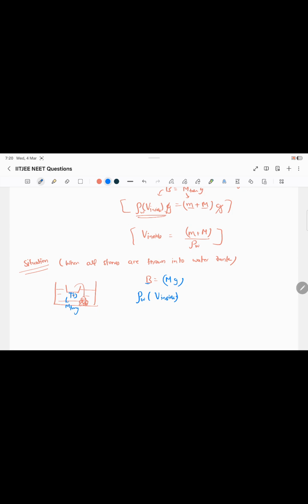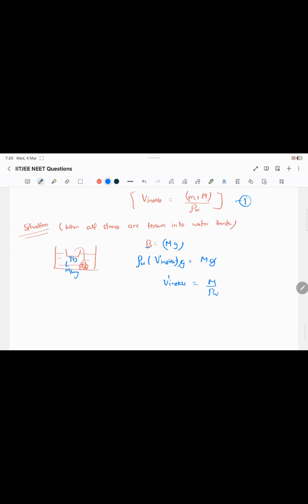This volume will be different, so v dash inside, into g, equal to the mass of the boat into g. So the volume inside in the second situation will be M over rho w. Let's call this equation 1, and this equation 2.